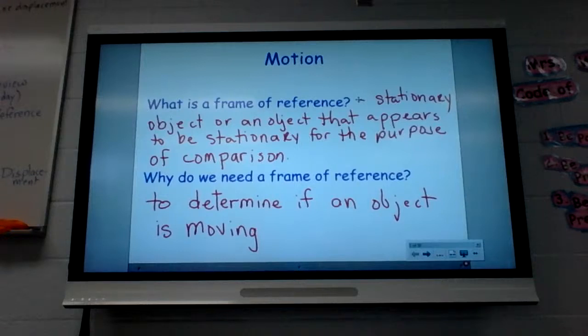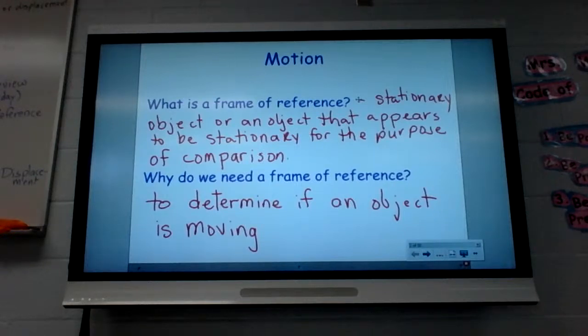Yeah. All right? But you're really not. I really am. But there has to be a frame of reference for you to tell me that I'm moving. So the question becomes, what is the frame of reference? What is the stationary object, or the object that appears to be stationary, for you to say, yes, I'm moving?